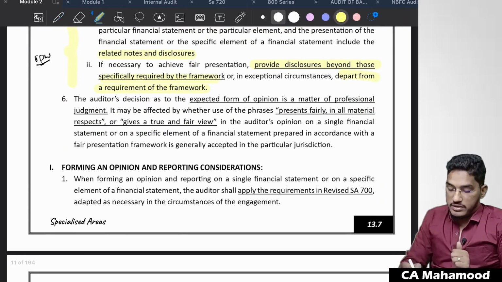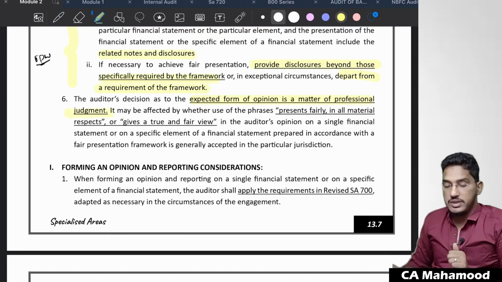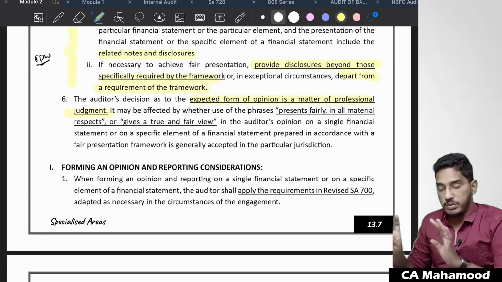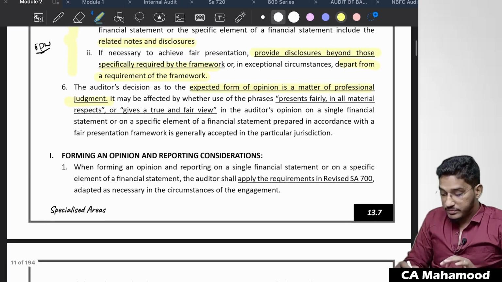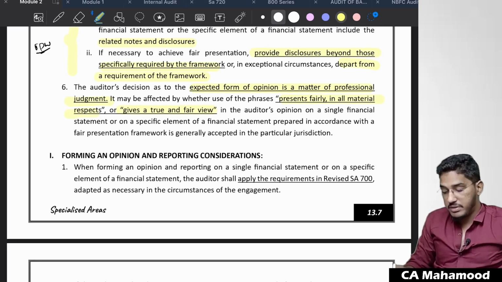Next one, the auditor's decision as to the expected form of opinion is completely a matter of professional judgment. In what format you will give the opinion depends completely on professional judgment. It may be affected by whether use of the phrases present fairly in all material respects or give a true and fair view in the auditor's opinion on a single financial statement or specific element of a financial statement in accordance with a fair presentation framework is generally accepted in the particular jurisdiction.